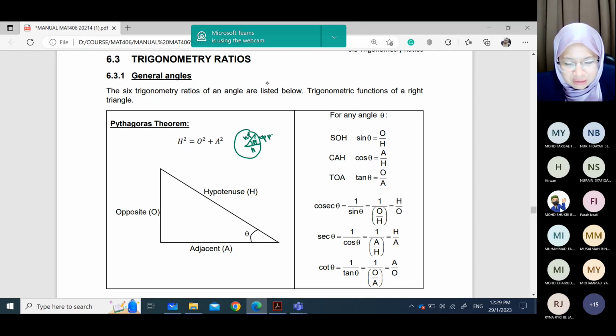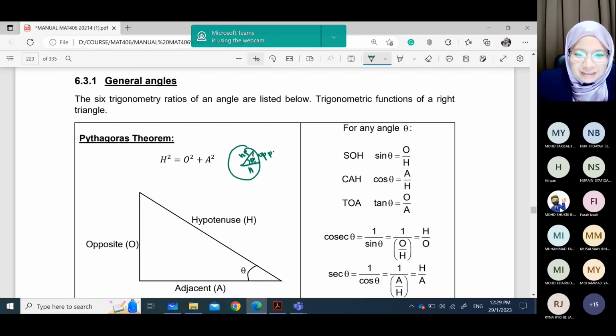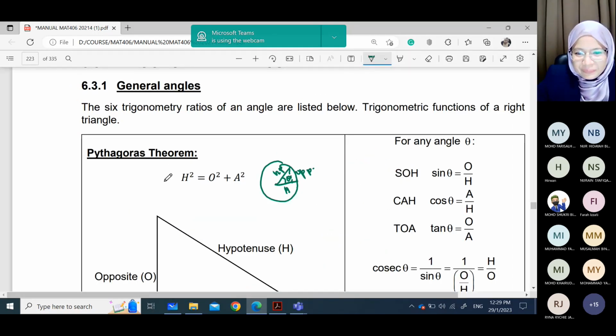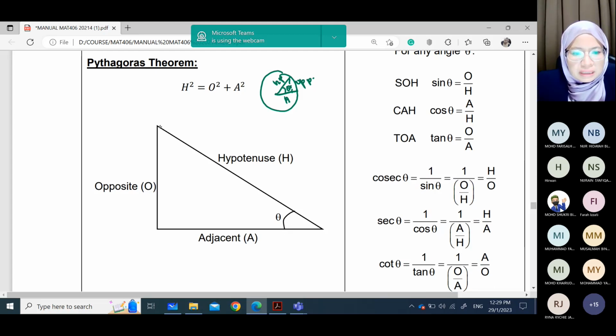Macam tu. Okay. Nampak tak? Segitiga ni bulatan tu. Alright. So kita ambil sudut segitiga tersebut. Ini angle kita. So yang paling panjang sekali itu adalah hypotenuse. Okay. So yang bertentangan dengan angle kita panggil sebagai opposite. Yang berhampiran dengan angle adalah adjacent.